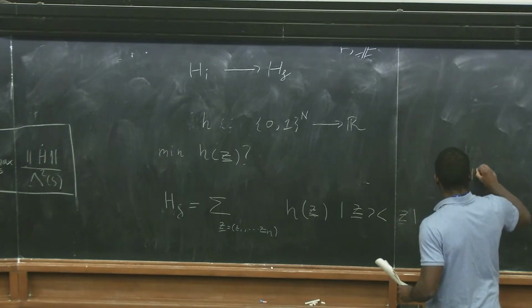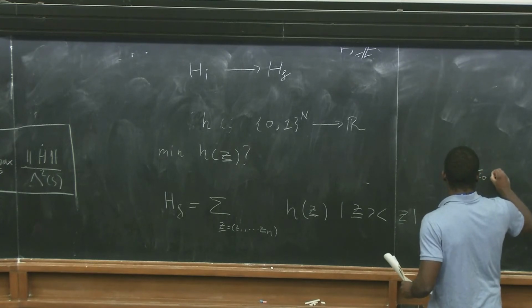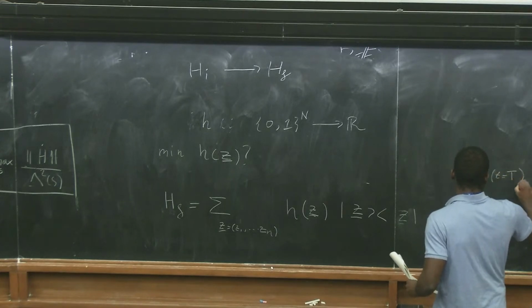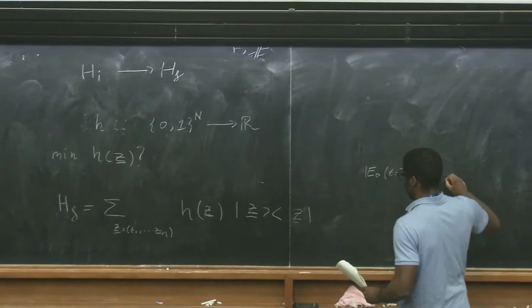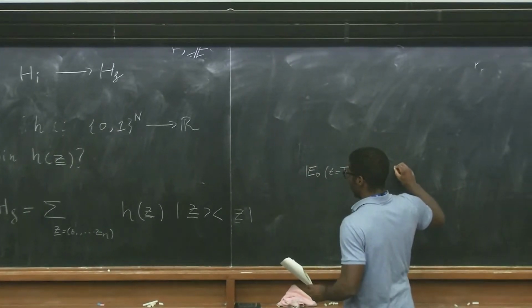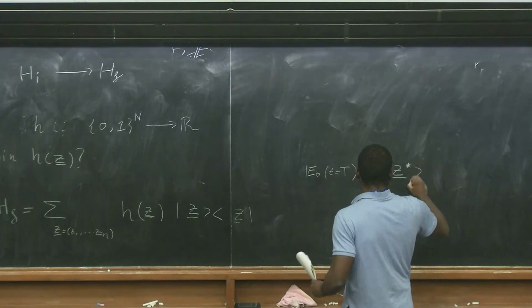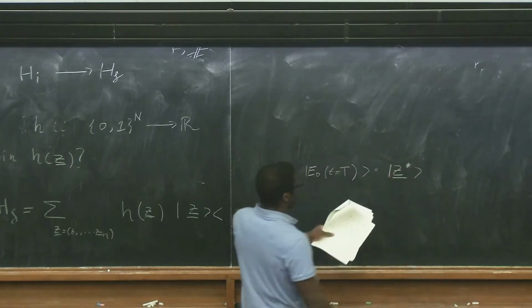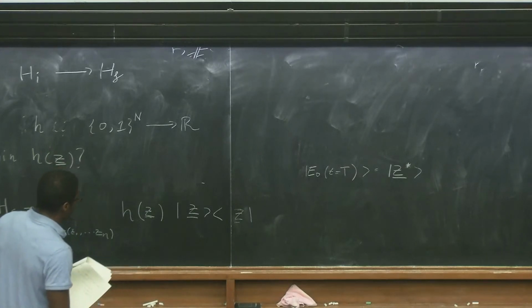So the ground state of this problem, E0 of t equal capital T at the end of the evolution, is going to be the zeta bar star, so that zeta bar star is the minimum of our initial problem.